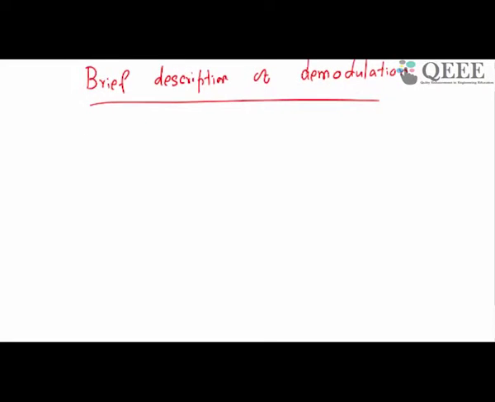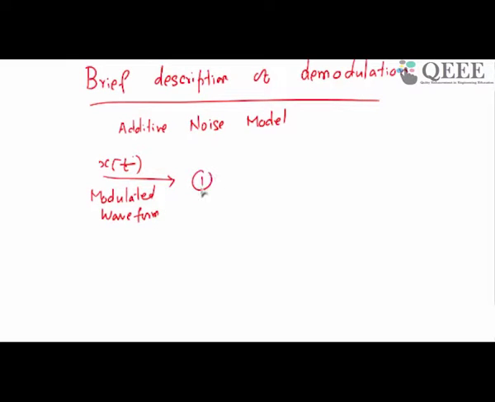So what happens is, in the additive noise model, you send your modulated waveform. So this is your modulated waveform, and the medium adds some noise.